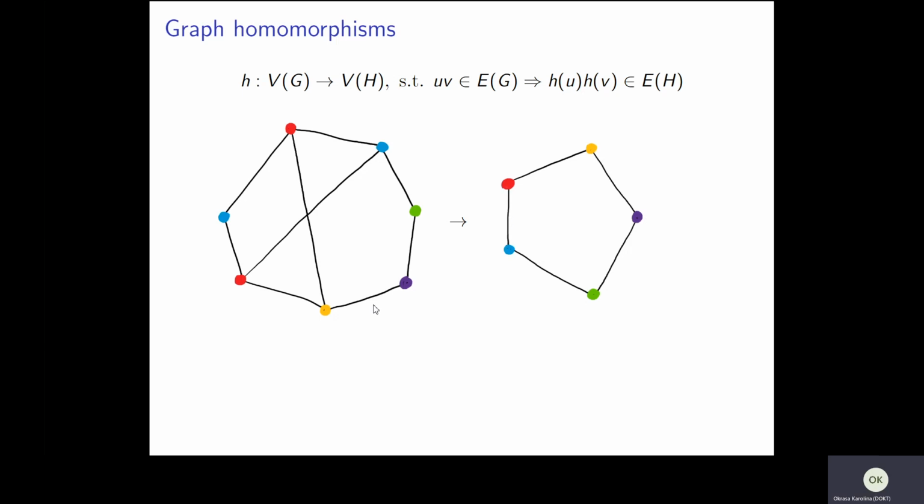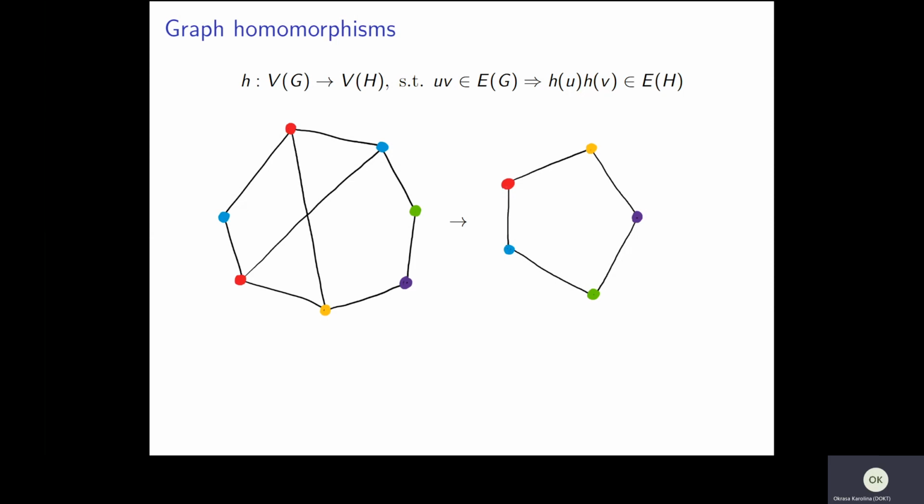And this way we can just look at the homomorphism from G to H as some coloring of the graph G, which additionally has the property that if some colors represent the ends of an edge in G, then it must be an edge in H. Yeah, so I can have a blue-red edge here because there is a blue-red edge here, but I cannot color this green vertex of G yellow because there is no yellow-blue edge in H.